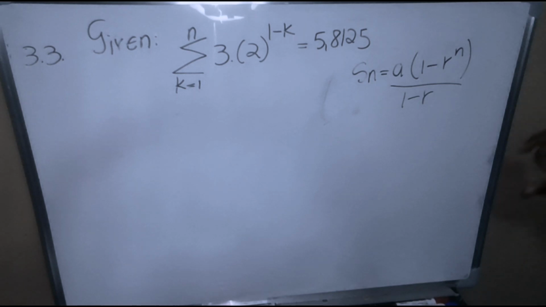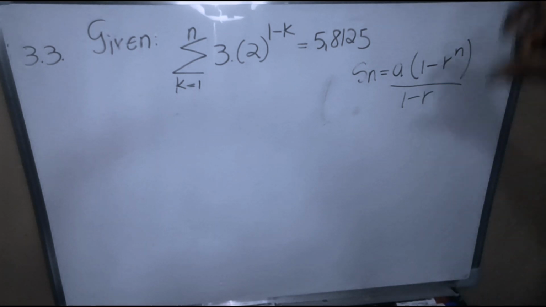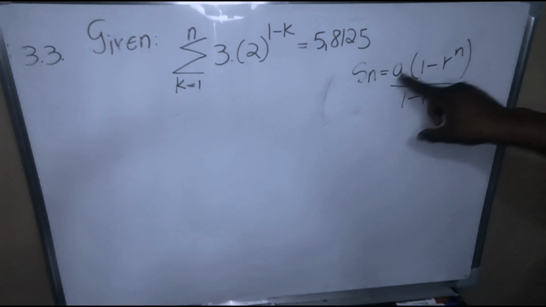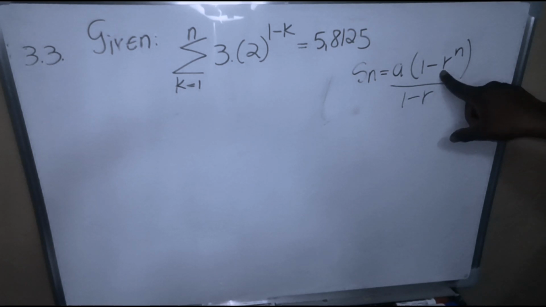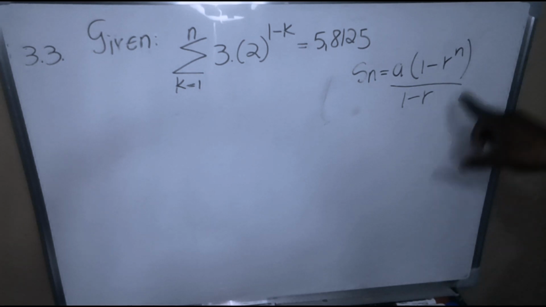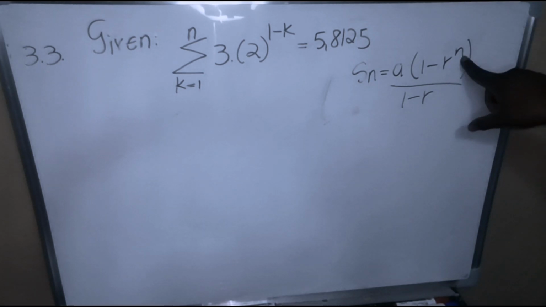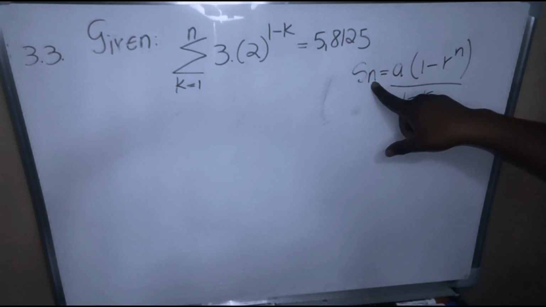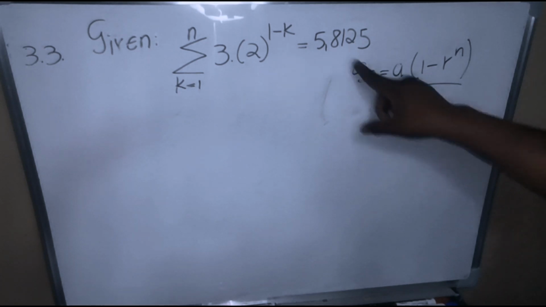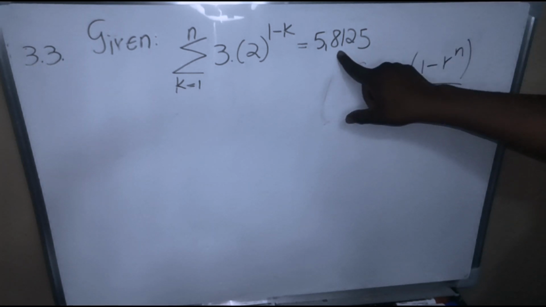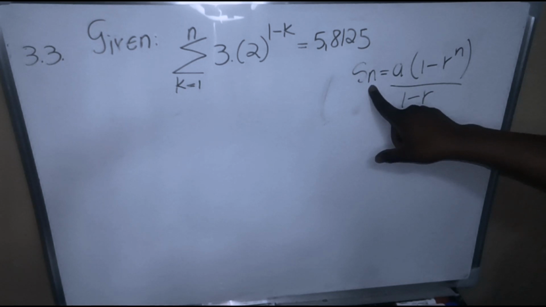This is the formula we use for the sum of a geometric series, because it has the value of a, which is our first term, the value of r, which is our constant ratio, and the value of n. But this Sn, our sum to n terms, its value is this one, 5,8125. All the time, if you are given this value, then you know this is our sum to n terms.